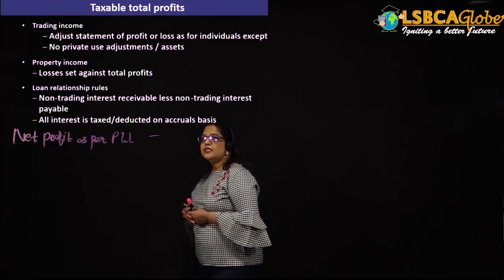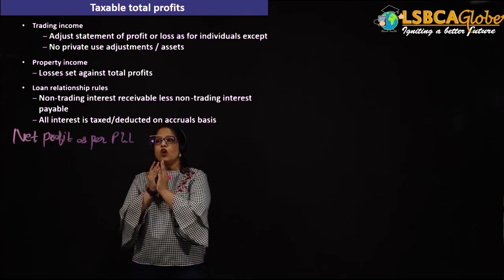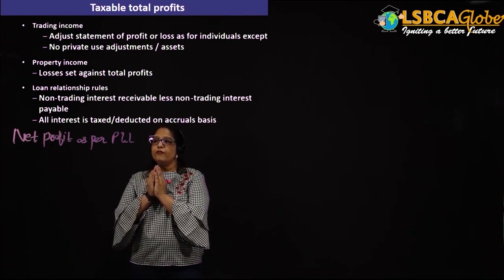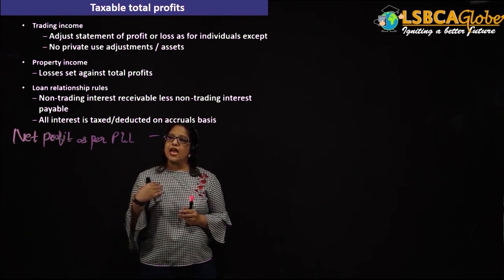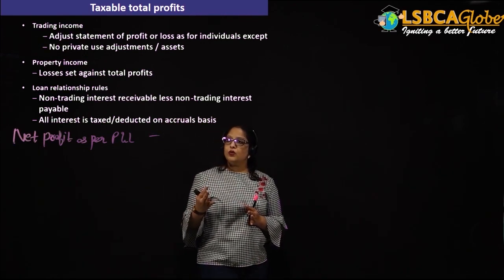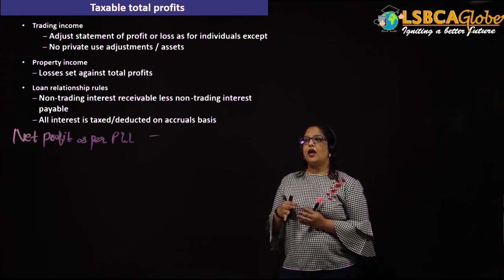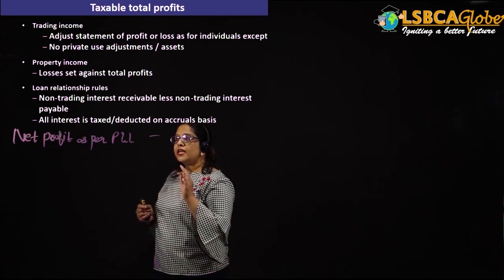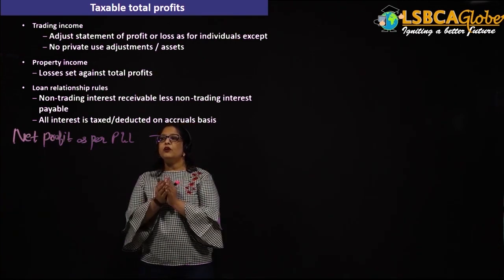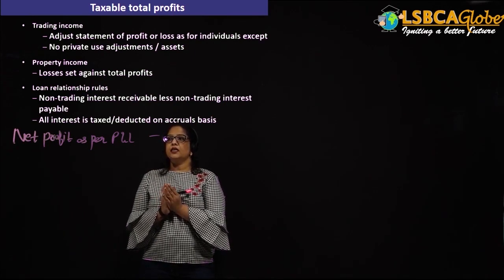Whatever the expenses are there which are allowed but have not been deducted, deduct them. So add the expenses which are not allowed, subtract the incomes which are not allowed, and subtract the expenses which are allowed but were forgotten.